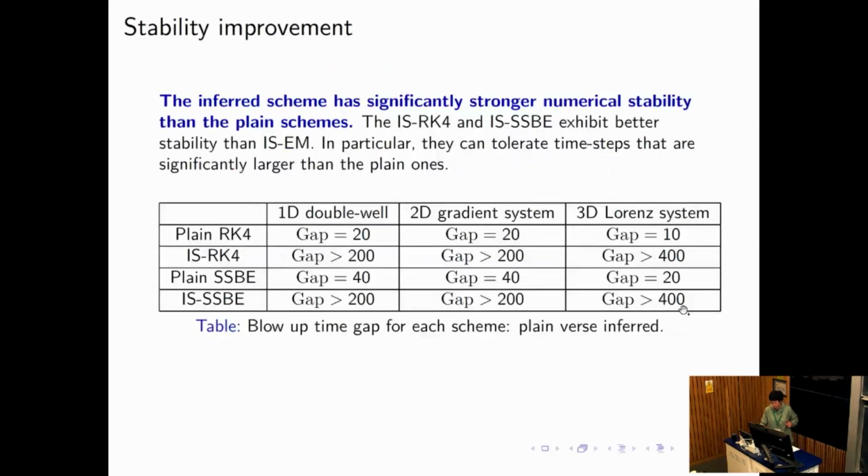I skip a lot of benchmark examples in our paper, but I want to point out that with this inferred scheme, we can significantly increase the efficiency. We have some 1D, 2D, 3D examples, and plain classical schemes will blow up at, for example, 20 or 40, and this inferred scheme can improve the stability by 10 times.